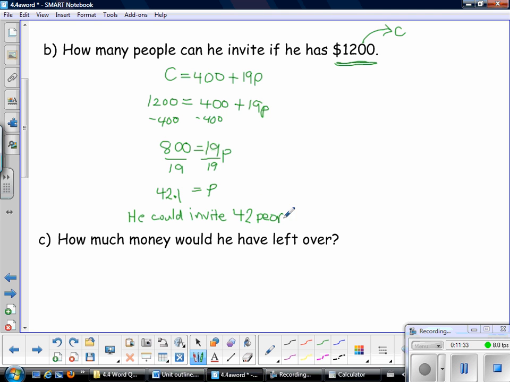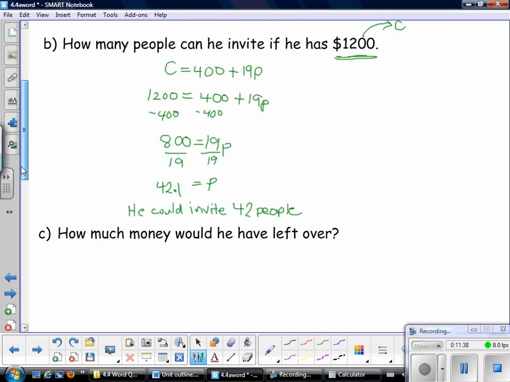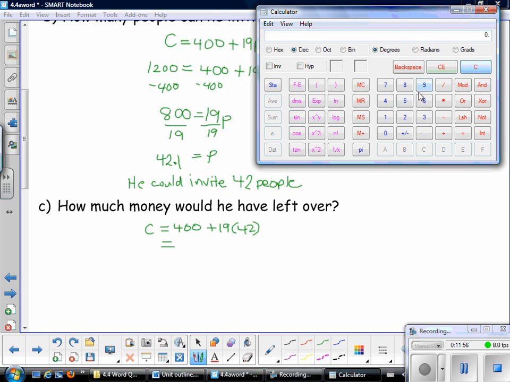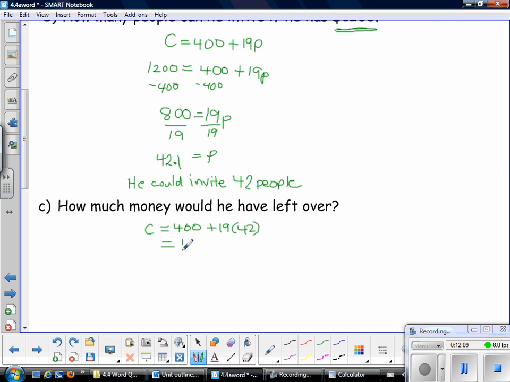The next question says, how much money would he have left over? Well, I'm going to use my equation if I want. So I know that the cost is going to be $400 plus 19 times 42, because we have 42 people. And when we actually take our calculator and calculate that, so we have 19 times our 42 guests plus our 400, so 1198.